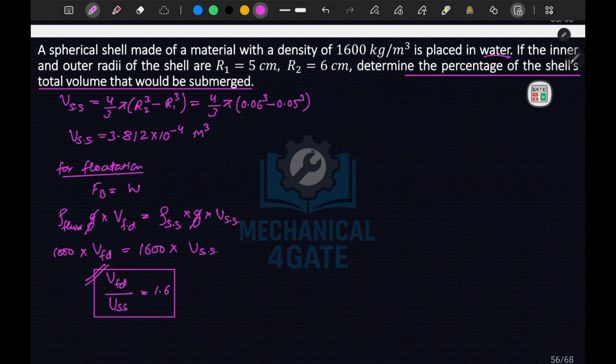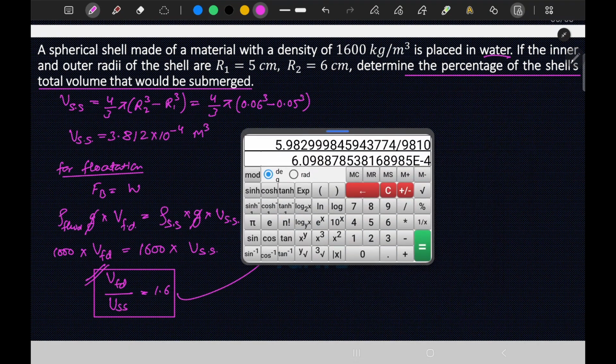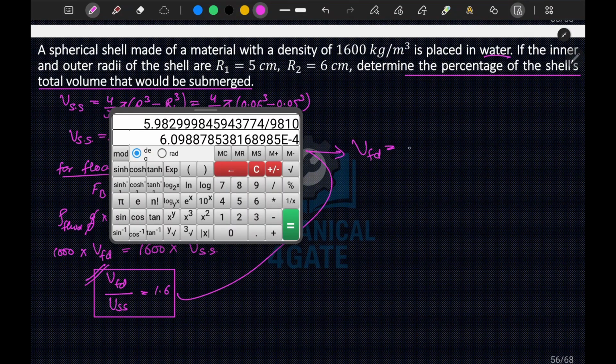Using this equation I can calculate the volume of fluid displaced. If I substitute the value of VSS here, this value comes out to be 6.099 into 10 to the power minus 4 meter cube.